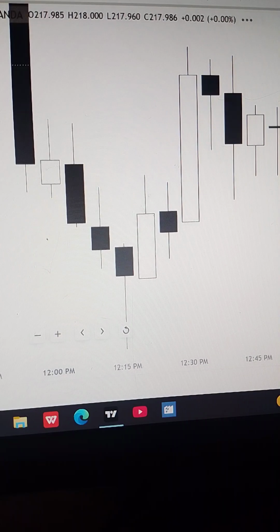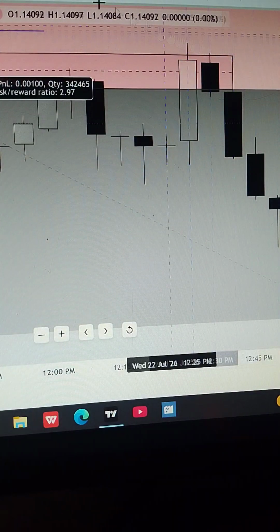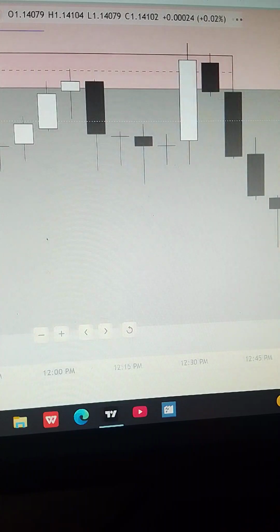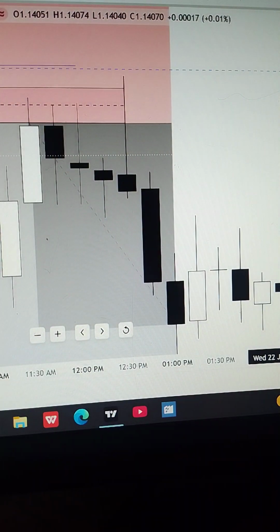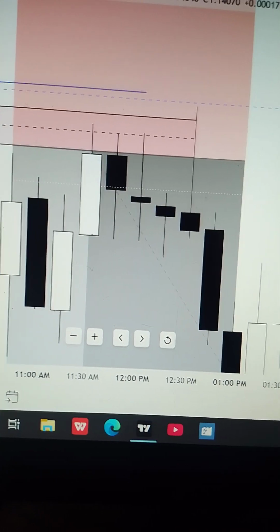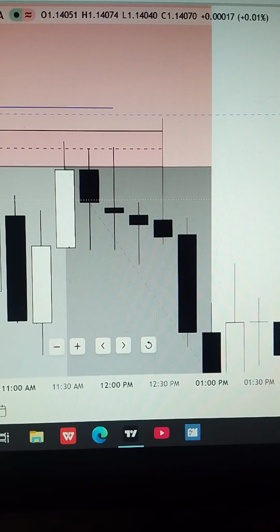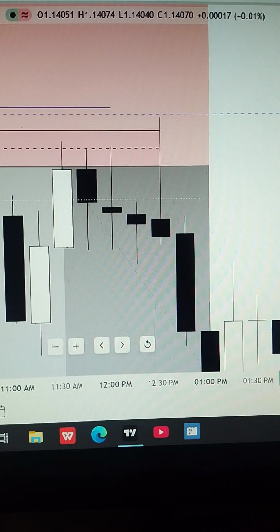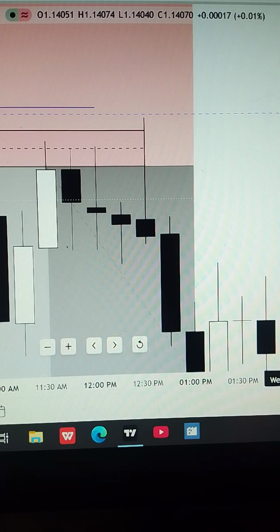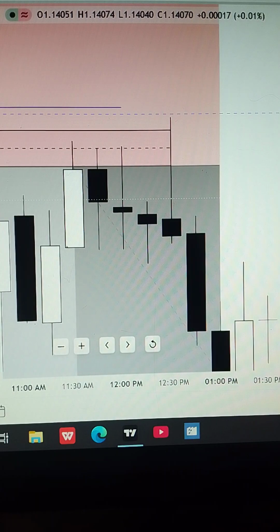If you have a question, just feel free to ask. This is an example of the market that I was trying to flip an account of $10 with, but I ended up being stopped out.